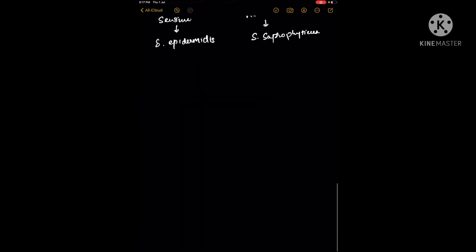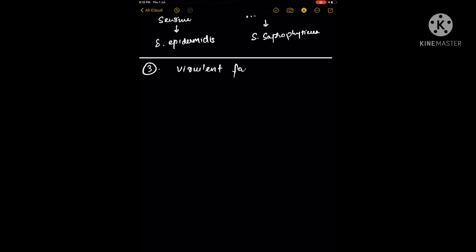Now let's come to the third category that we are going to discuss, that is virulent factors. There are 7 or 8 virulent factors. The first one that makes these bacteria more virulent and troublesome for humans is enzymes.